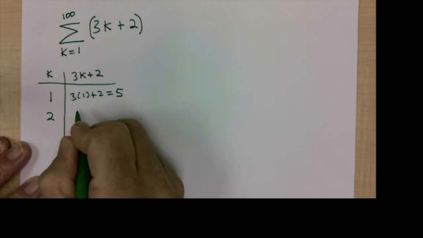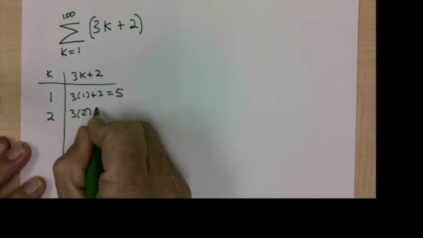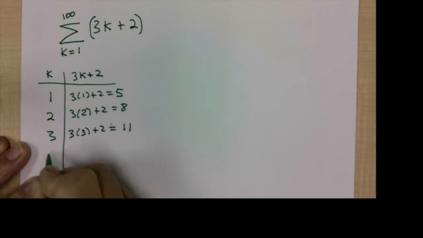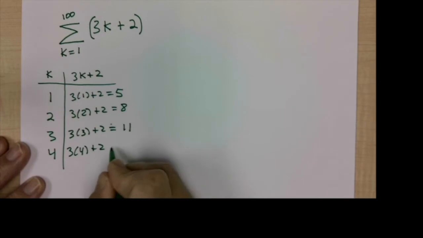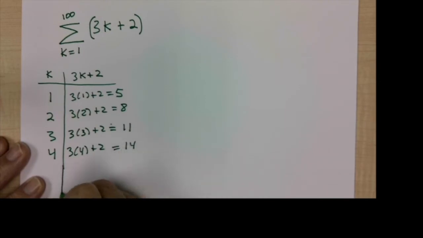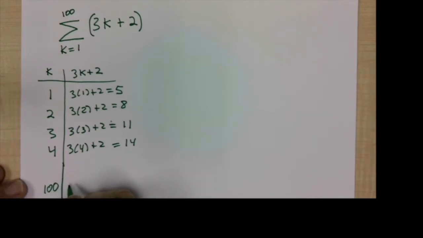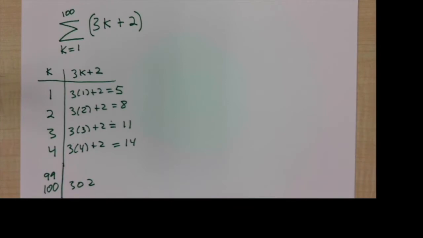If k is 2, 3 times 2 plus 2 is 8. If k is 3, 9 plus 2 is 11. If k is 4, 12 plus 2 is 14. If I plug in 100, 3 times 100 is 300 plus 2 is 302, and if I plug in 99, 3 times 99 plus 2 gives me 299.